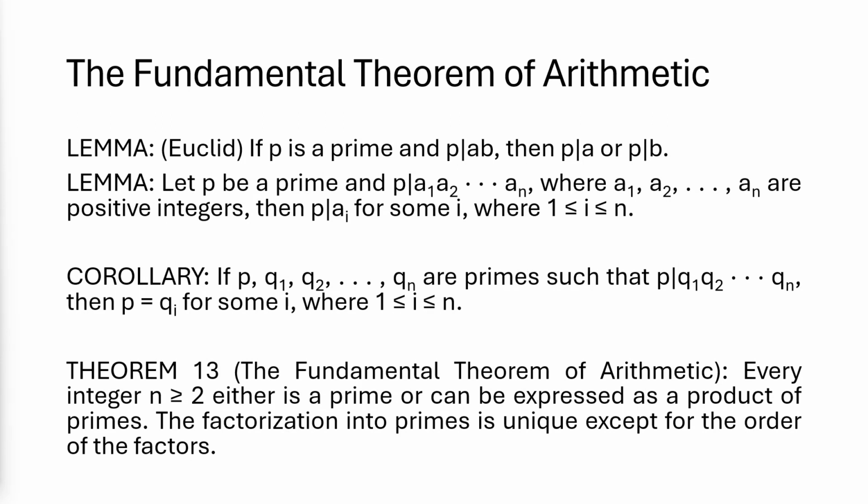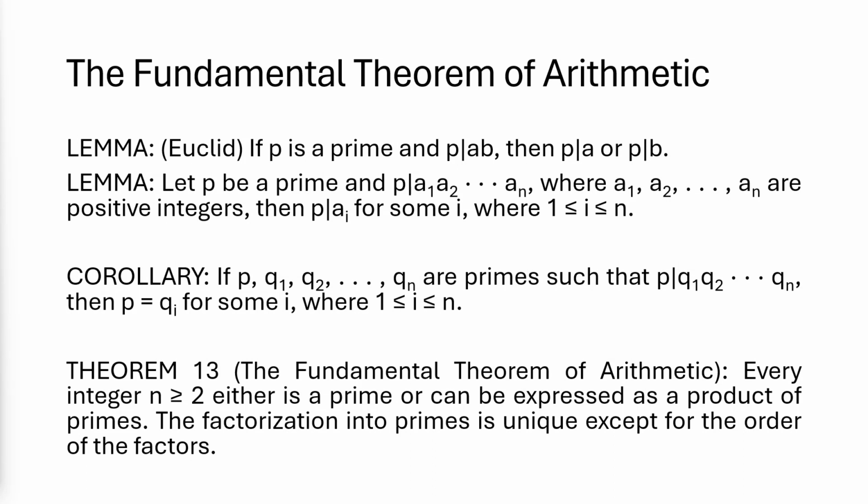Then, if we multiply both sides of this equation by B, we get alpha times P times B plus beta times A times B, which is equal to B. Since P divides P and P divides AB, P divides the combination alpha times P times B plus beta AB, then we could now say that P divides B.